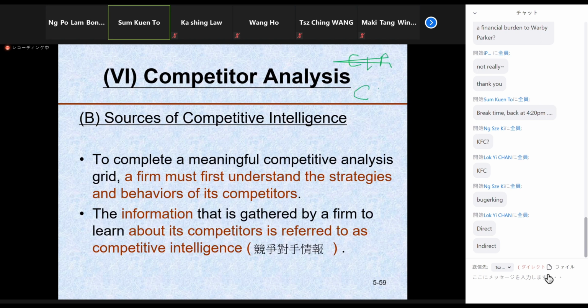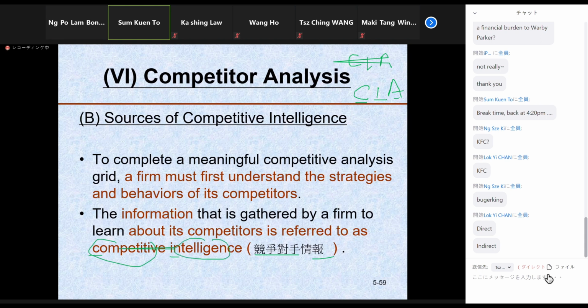CIA in America is called Central Intelligence Agency 中央情報局. We also have CI, but not CIA. CI is called Competitive Intelligence.